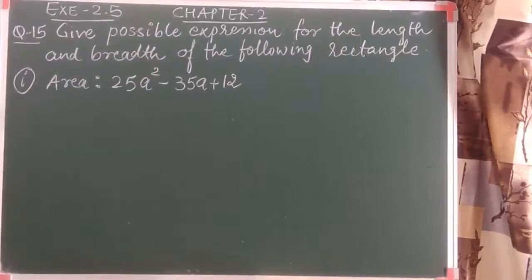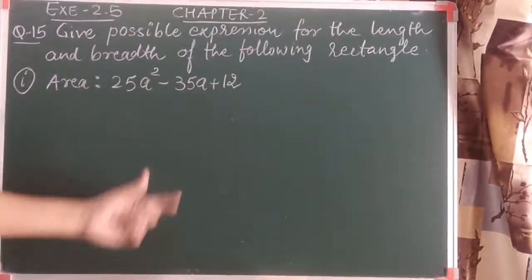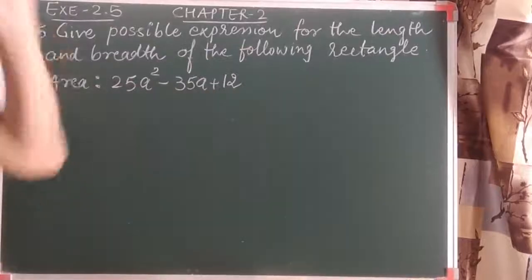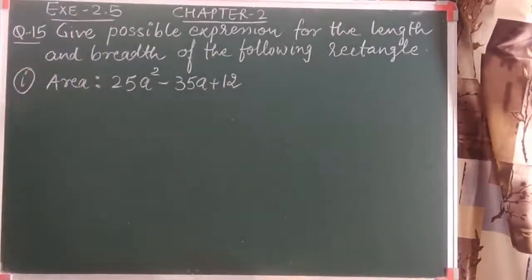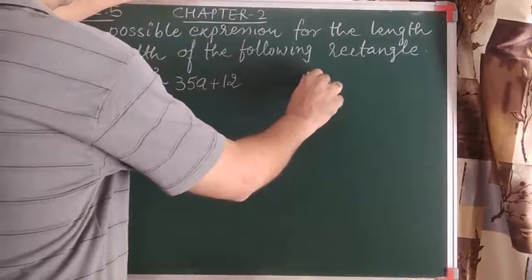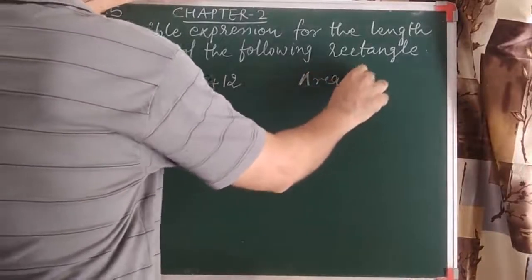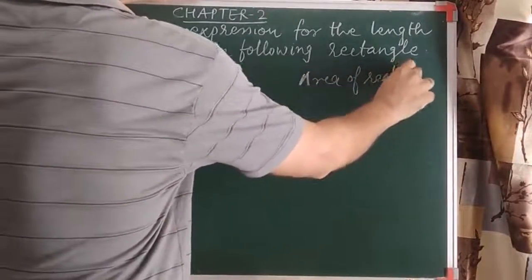Let us see this question. It is quite interesting. It is given in the question: give possible expressions for the length and breadth of the following rectangle. So you can see that they have given the area of a rectangle. Let's understand this by an example. Suppose the area of a rectangle is given as 6.